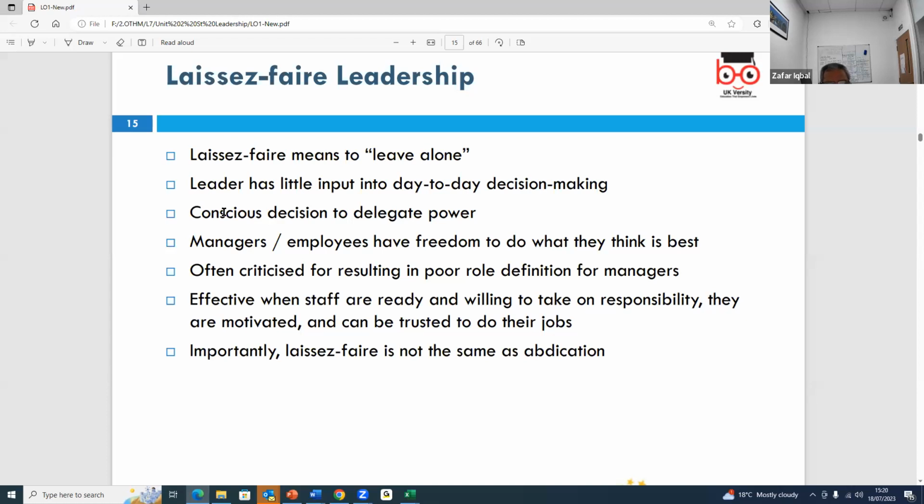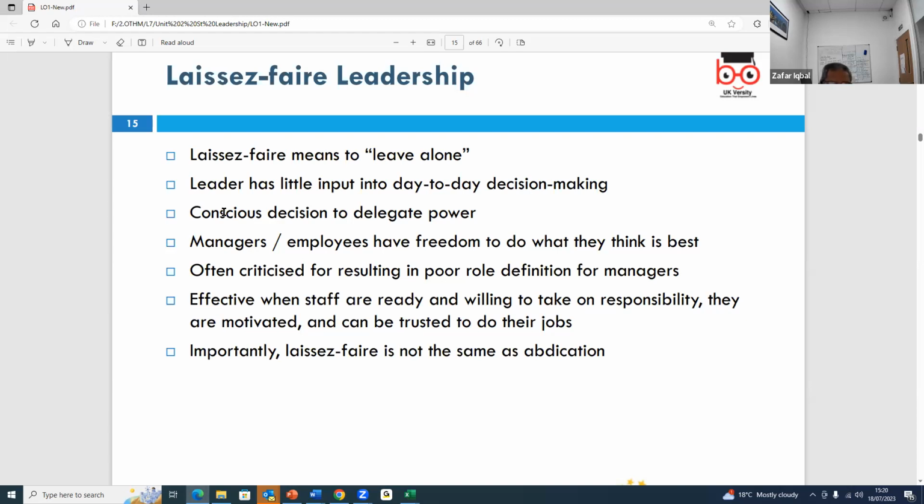He is very conscious of the fact that people are left alone, and people take their freedom to do what's best for the organization. He doesn't interfere with them.